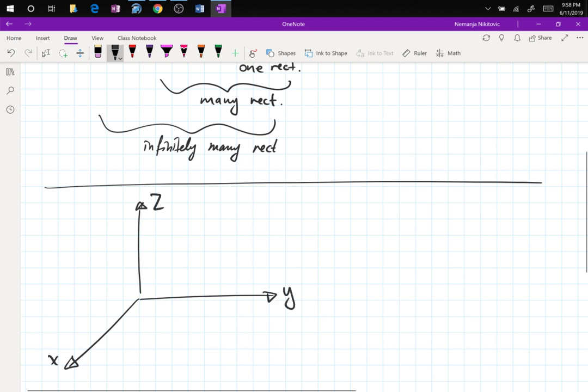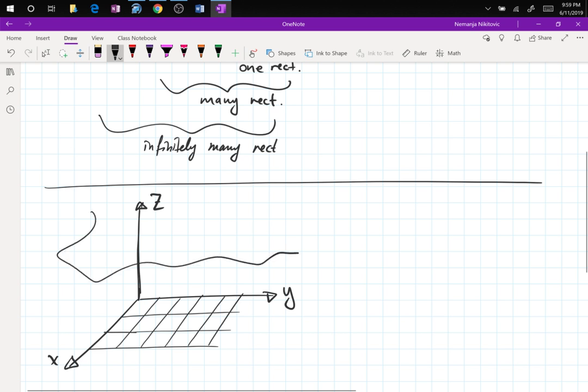So if you think about this, you're going to have your x, y, z grid, and over here I'm just going to draw some grid. And there's going to be some kind of surface on top of this grid. So I'm going to pick what I call a representative French fry.